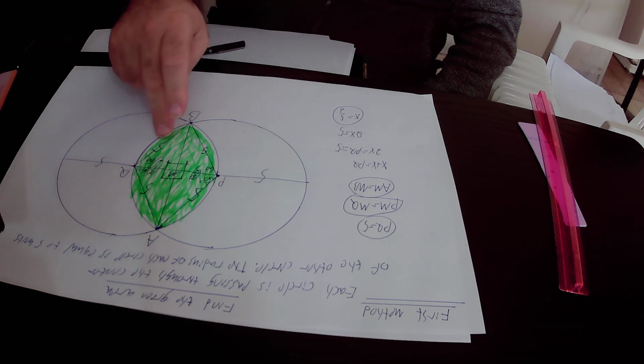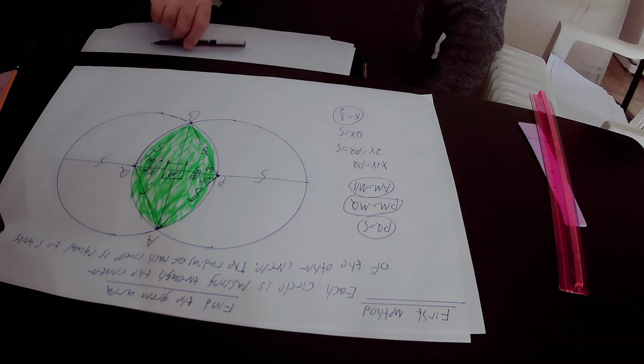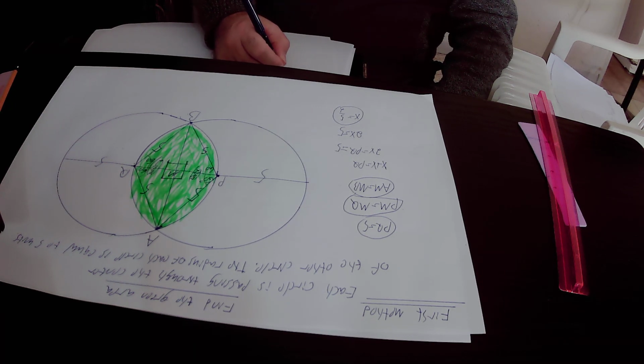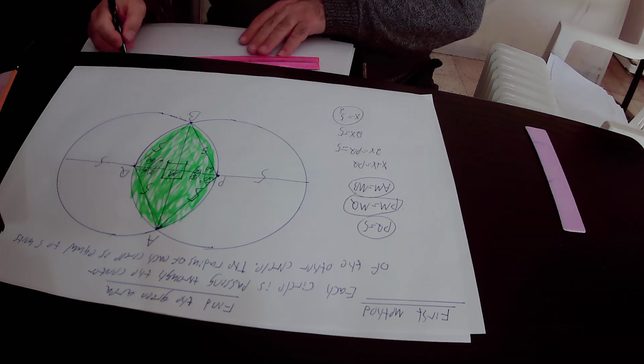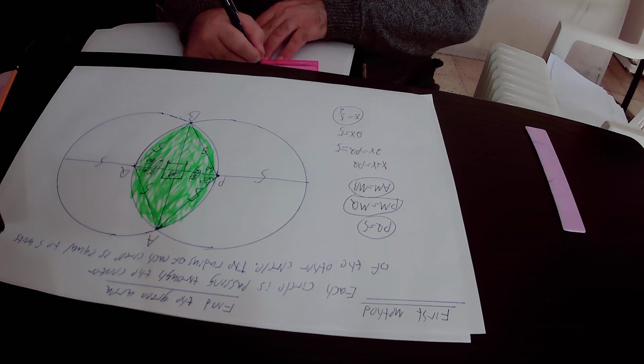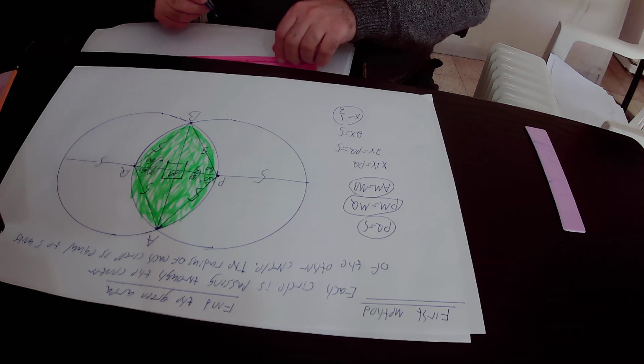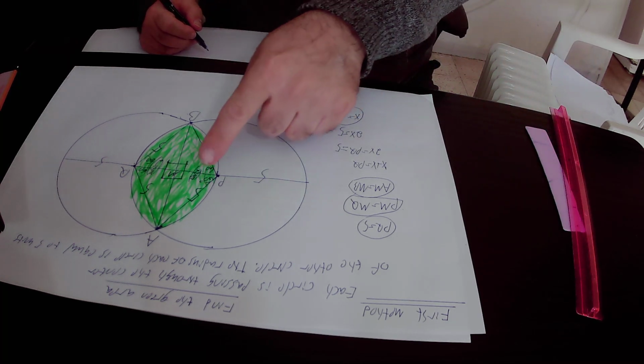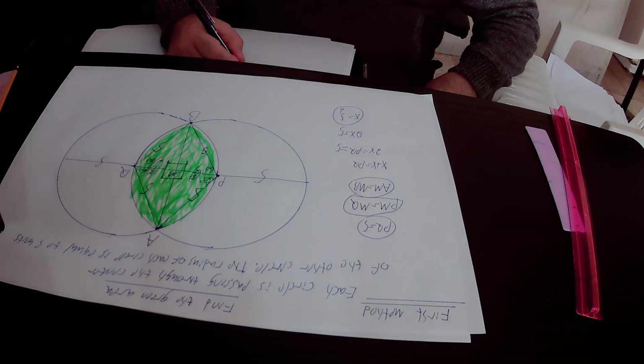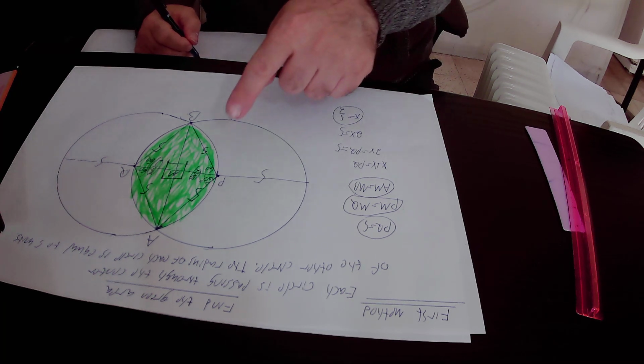The area of segment AQB will be equal to the area of sector APB minus the area of triangle APB.